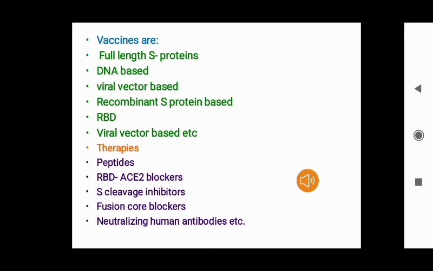After that, the next vaccine is RBD. This induces highly potent neutralizing antibody and T cell responses and protective immunity. But the disadvantage of this RBD vaccine is not yet identified. Another one is the viral vector-based vaccine.